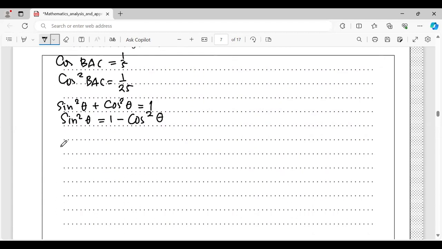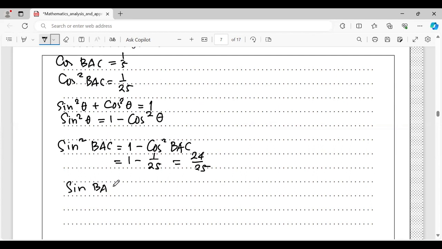So sine squared BAC equals 1 minus cosine squared BAC, which is 1 minus 1 over 25, so it is 24 over 25. So sine BAC equals square root of 24 over 25, or square root 24 over 5.